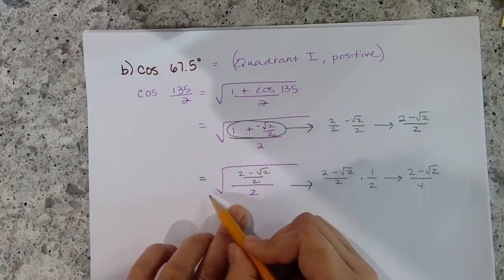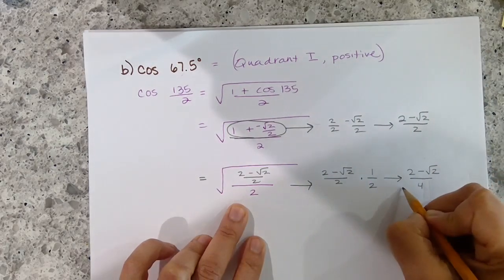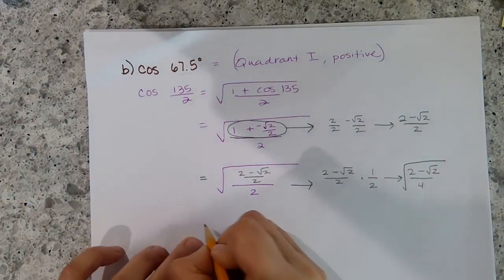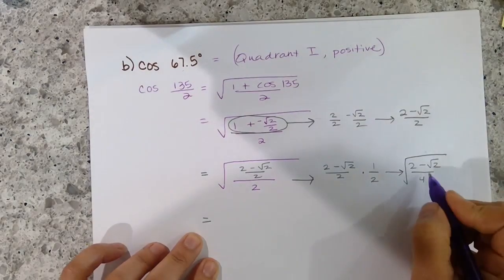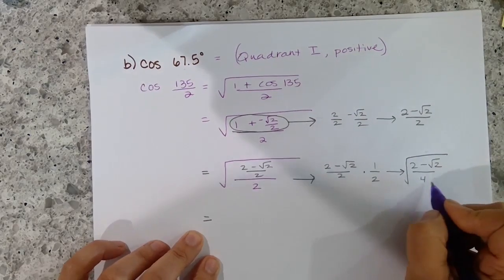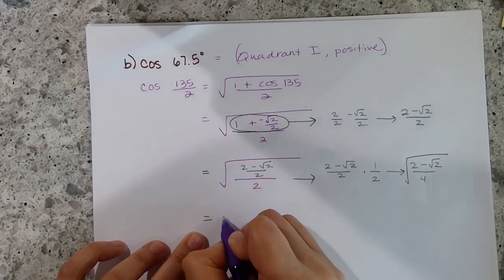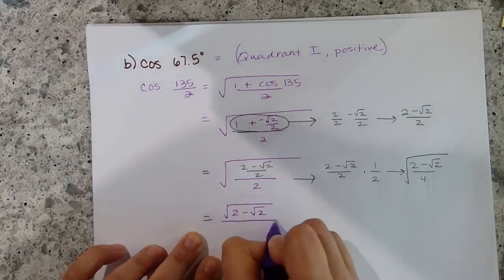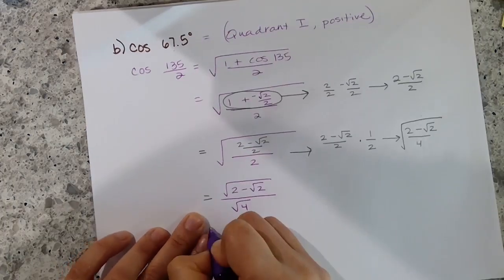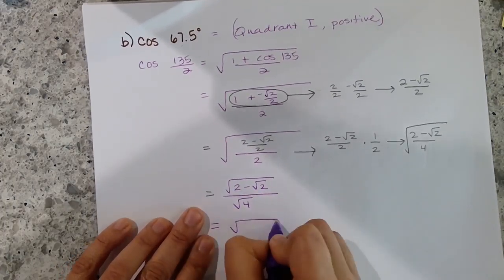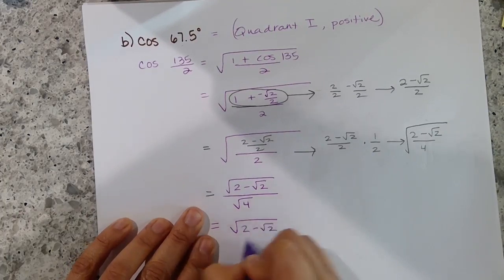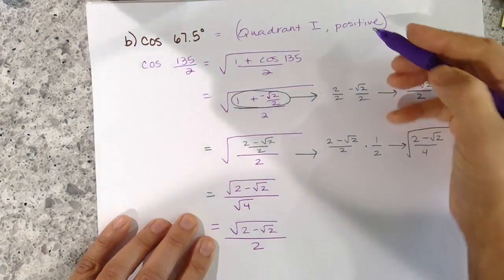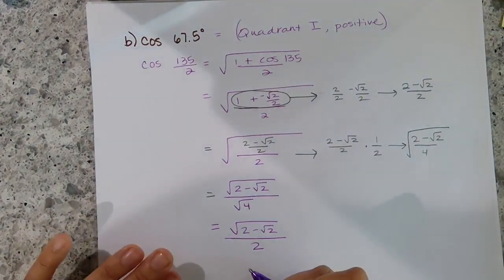Now remember, I have all of this stuff under the square root. Looks pretty good. Okay, last part, because that's a 4, you can actually simplify it, so you can break it apart into the square root of 2 minus square root of 2 over the square root of 4. So that turns into all over 2, and our final answer was positive.